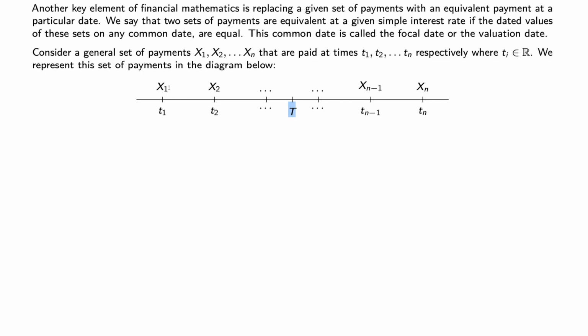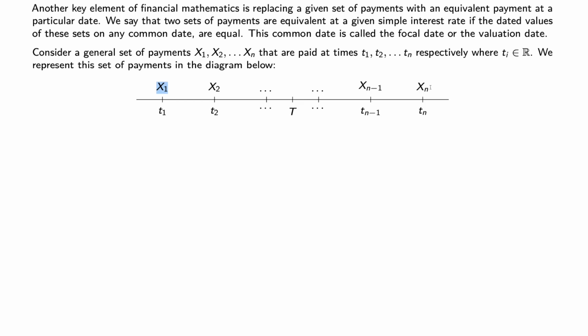So, in some sense, if we were to look at x1, say, for example, we see that it occurs at time t1. T1 is sometime in the past compared to the valuation date t. So what we have to do is accumulate to time t using a simple interest rate of r, and so on and so forth.